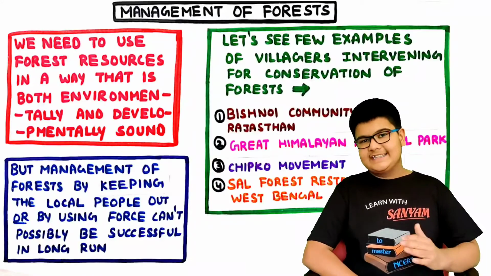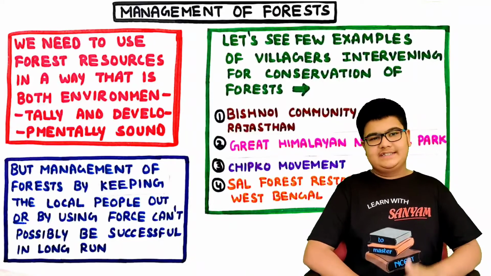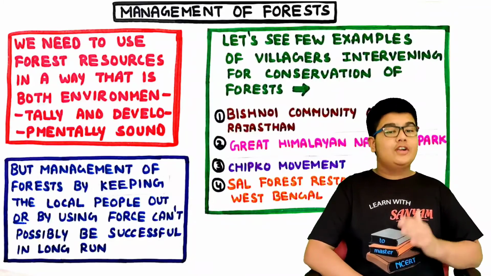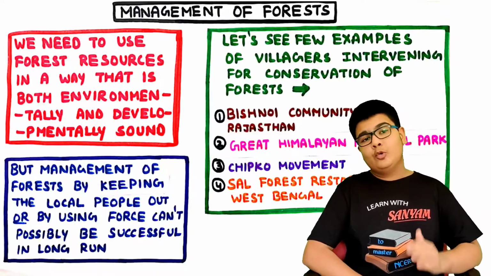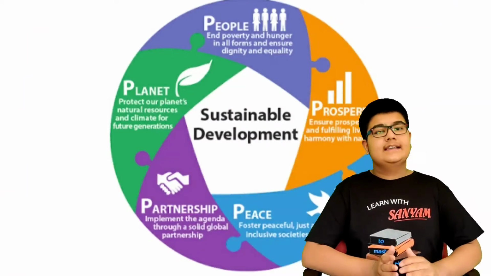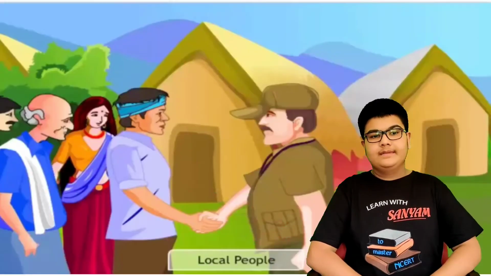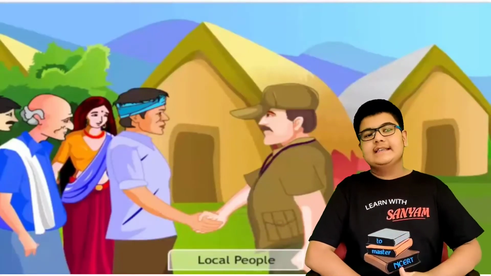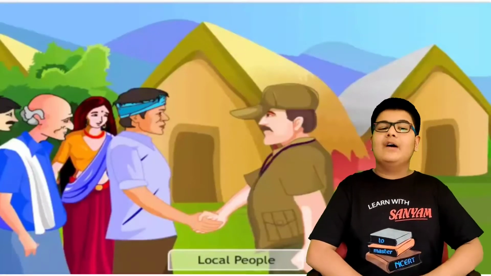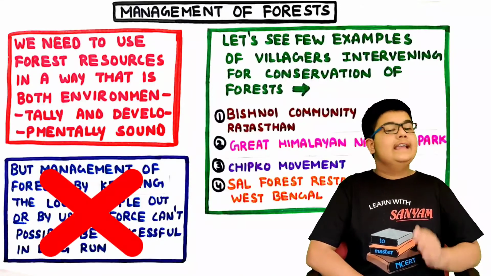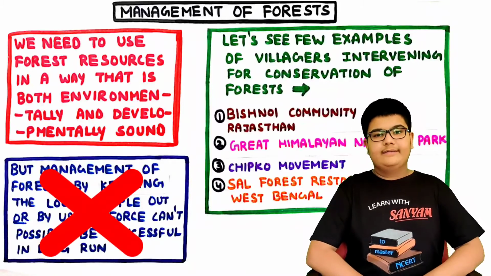So now let's discuss how to manage forests. We need to use forest resources in a way that is both environmentally as well as developmentally sound. But management of forests by keeping the local people out or by using force isn't successful in the long run.